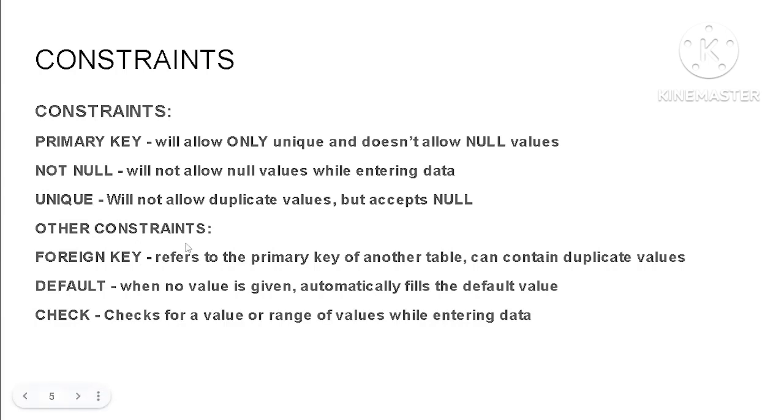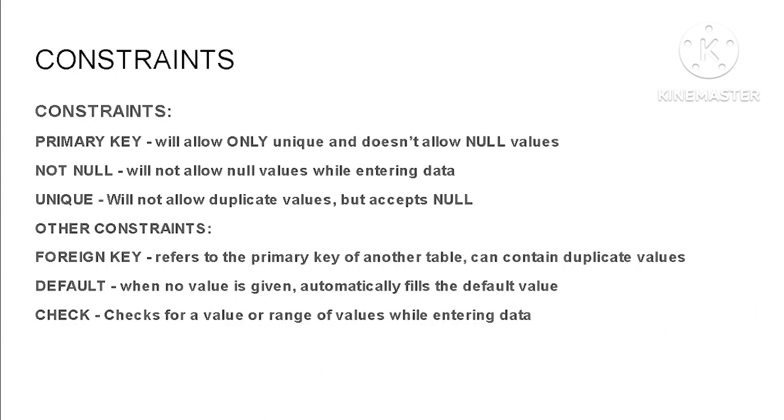Then what is unique? Unique is a constraint which will restrict the user from entering duplicate values. In what case will you use the unique constraint? For example, you accept phone numbers of parents. In case you don't want to have duplicate records, you will give phone number as unique.